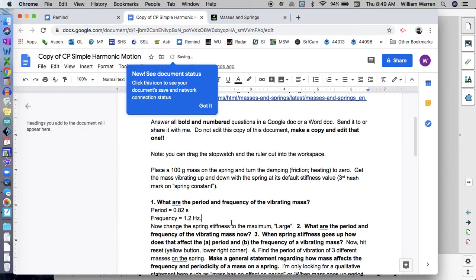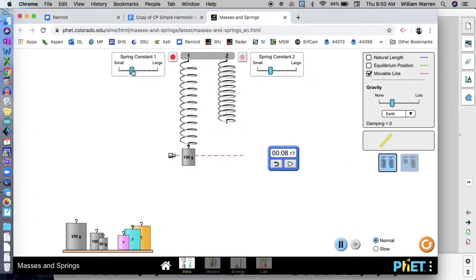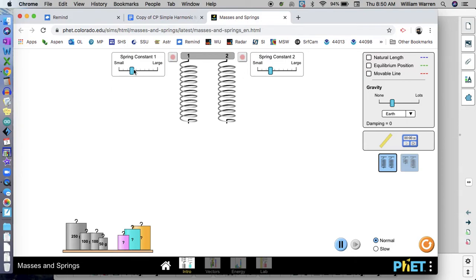Boom. Okay, now change the stiffness to large. I'm going to go over here now. Maybe I'll reset everything just to make sure everything's recalculated. We just made the spring stiffer and harder to stretch.